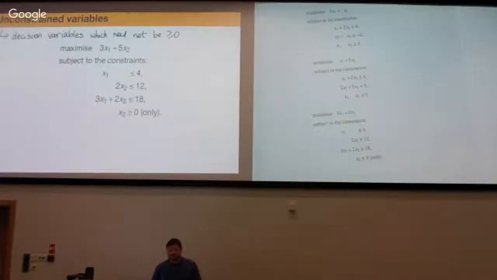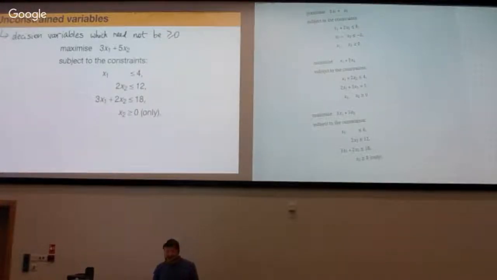One of them that we will see much later comes from game theory. When you've got a zero-sum game, you can solve it using linear programming, and there are decision variables that don't have to be non-negative. So we'll see an example of that.